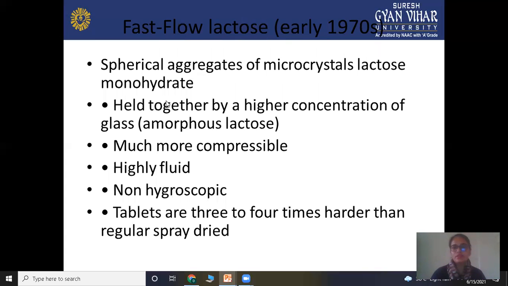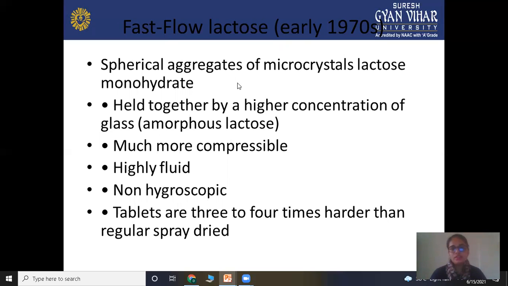Next is fast flow lactose, 1970s. And this is also a modified lactose, and it has a higher flow rate compared to the previous one. Fast flow is also observed by using this fast flow lactose. Spherical aggregate of microcrystalline lactose monohydrate.